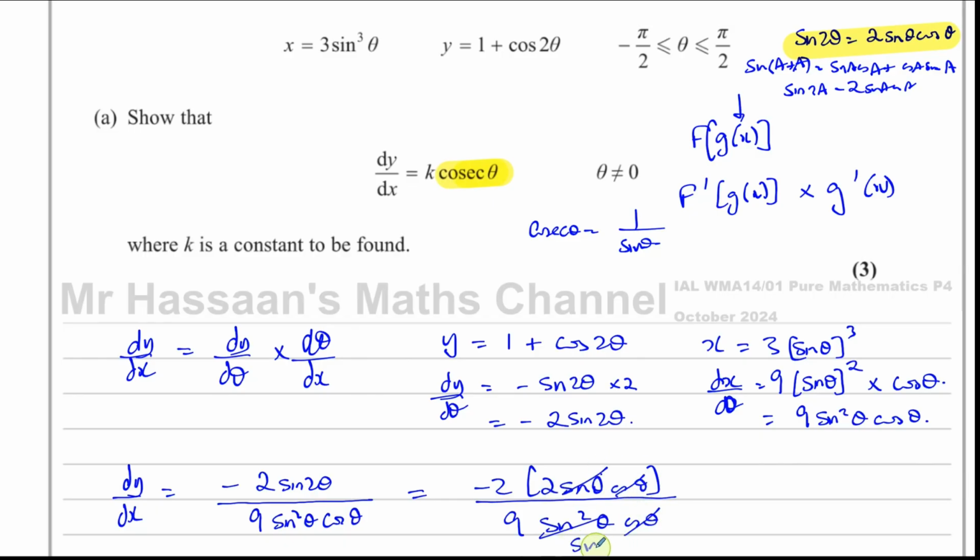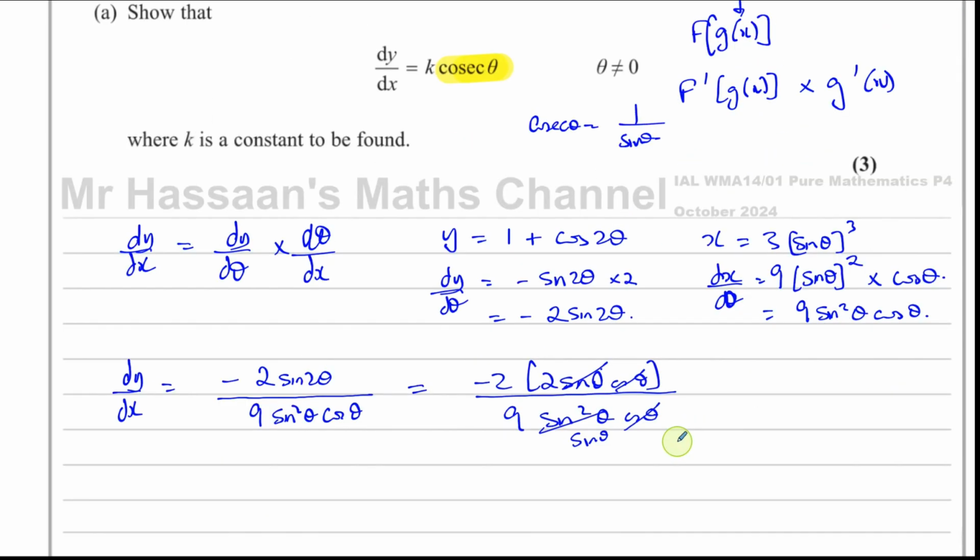That will leave us with sine theta in the denominator. So we're left with minus 2 over 9 sine theta. Hold on, this is minus 4. My bad, that's a 4 here, because you have minus 2 times 2. So it's minus 4 over 9, sorry. Be careful not to make silly mistakes.